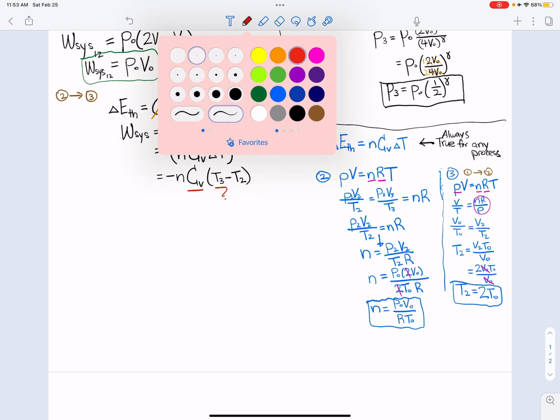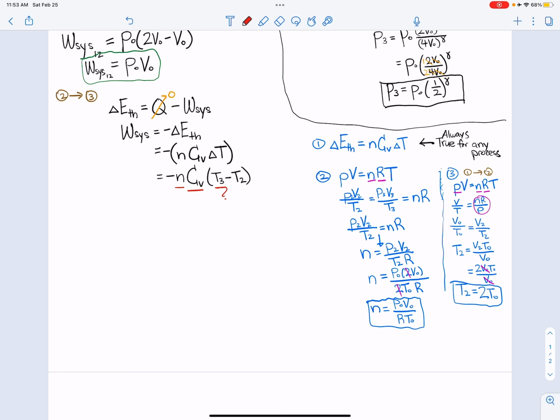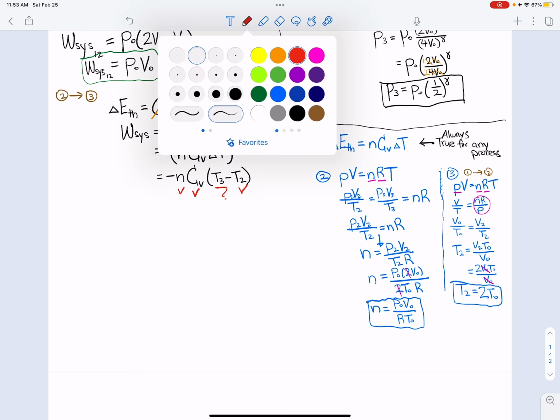Okay, so now I have n, I have CV, and I have T2. Now I still need to find the value for T3 so that I could find this. I could write everything down in terms of our givens.